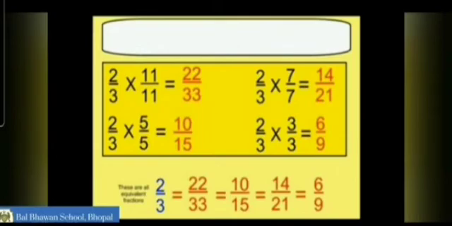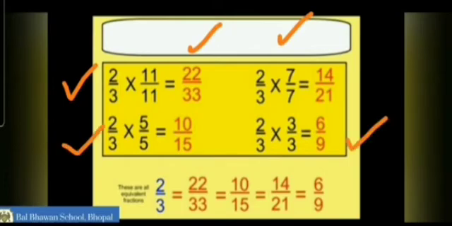Now, let us talk about few examples of equivalent fractions. Here, I have my first number as 2 upon 3. When I am going to multiply 2 upon 3 by 11 in the numerator and denominator, I am getting 22 upon 33. Then another time I have multiplied by 7 in the numerator and denominator, then by 5 and then by 3.